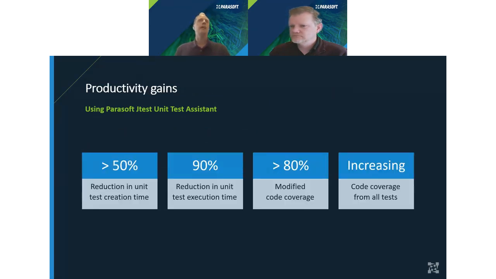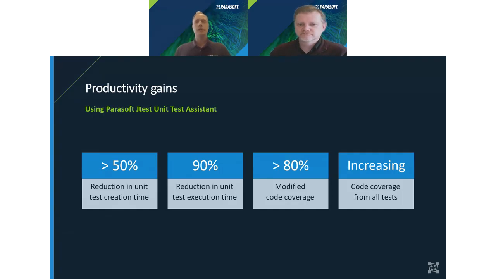When you use these kinds of techniques, you don't just have to take our word for it. We've had customers tell us that they've reached up to, and some customers told us even more than, 50% reduction in the amount of time it takes them to create unit tests. We found that you get 90% or more reduction in the amount of time it takes to execute your unit test suite in a CI/CD process.